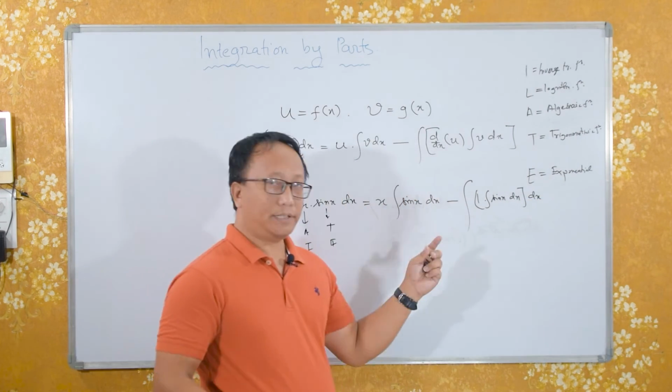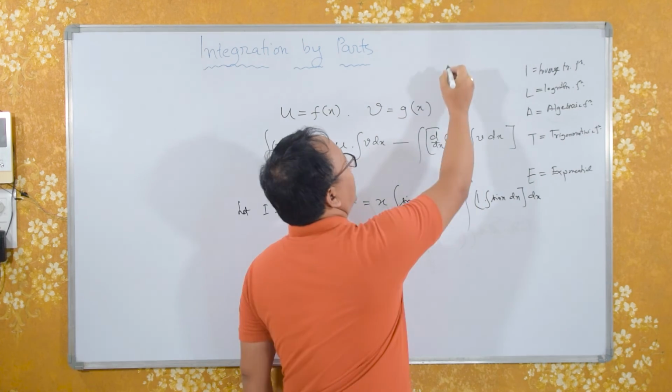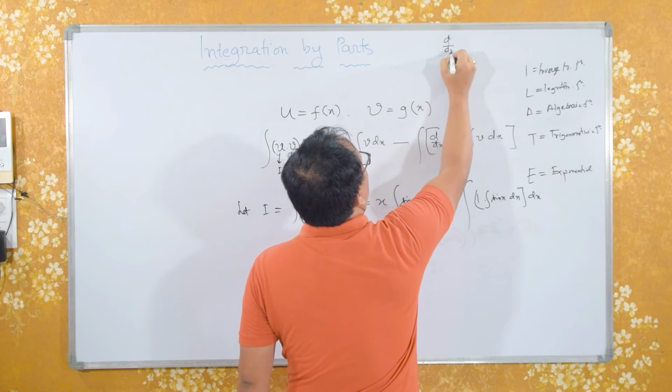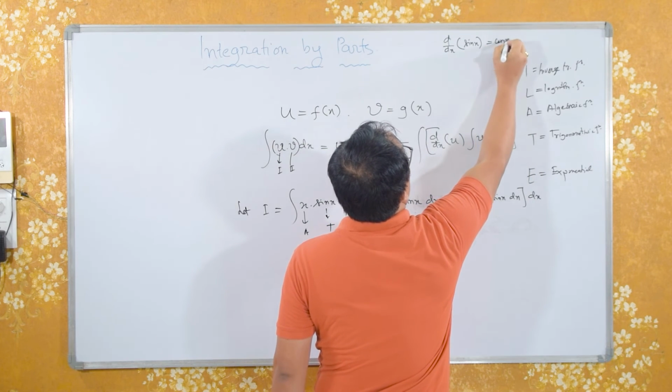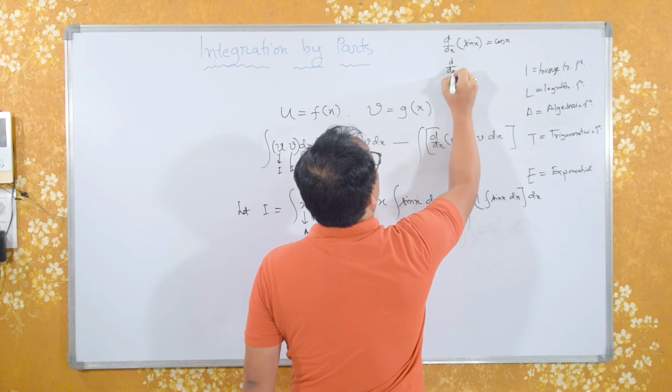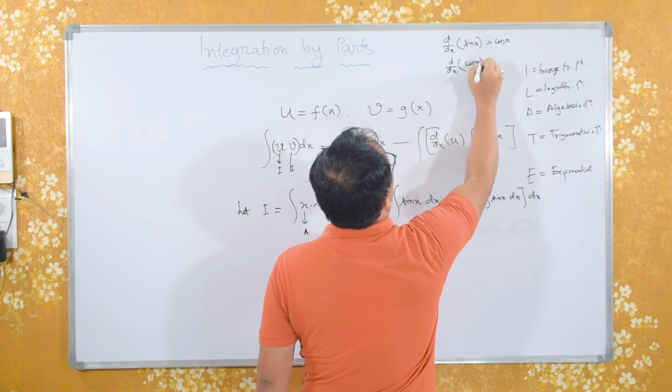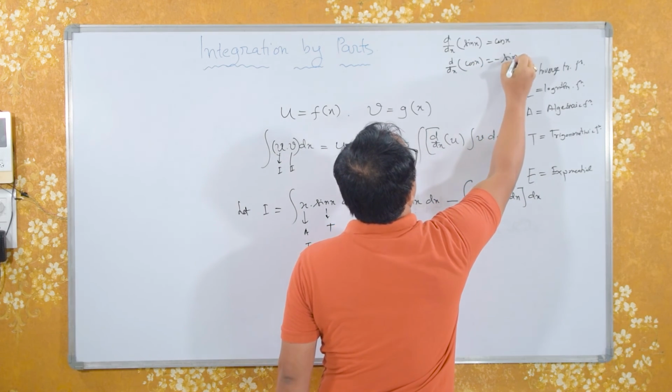Differentiation and integration are reverse operations: d by dx of sin x is cos x, and d by dx of cos x is minus sin x.